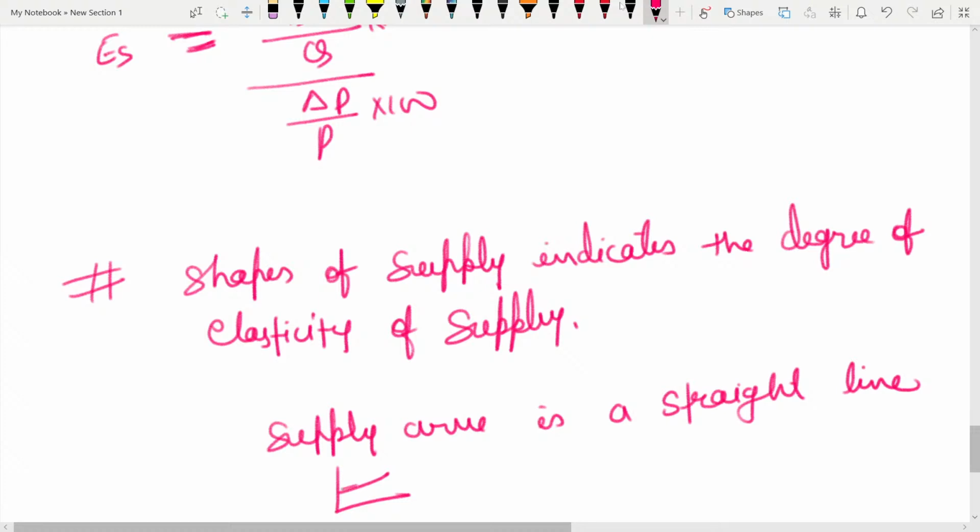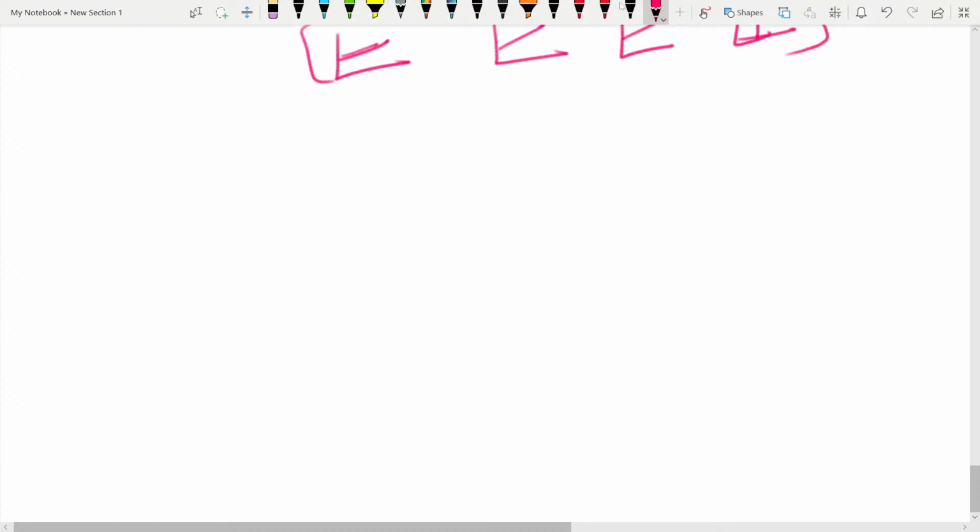In this upward direction, we can specify whether it is very flat or steep, and what the case of elasticity of supply is. So according to shape, what is the price elasticity?